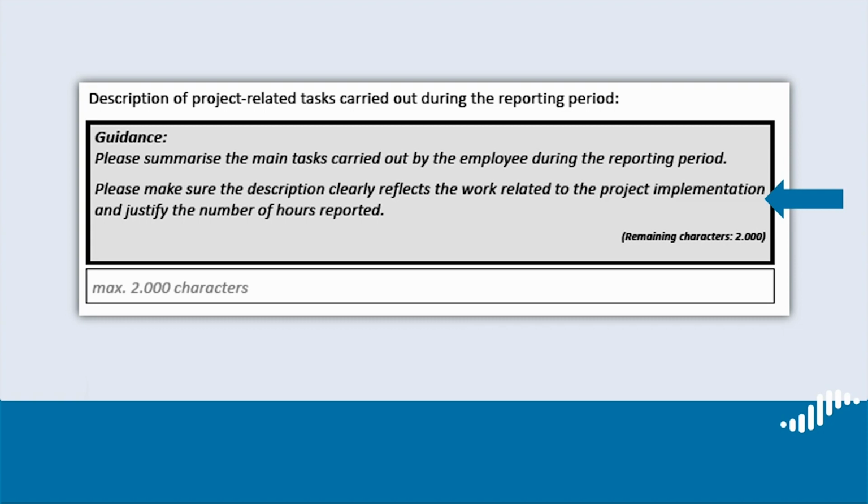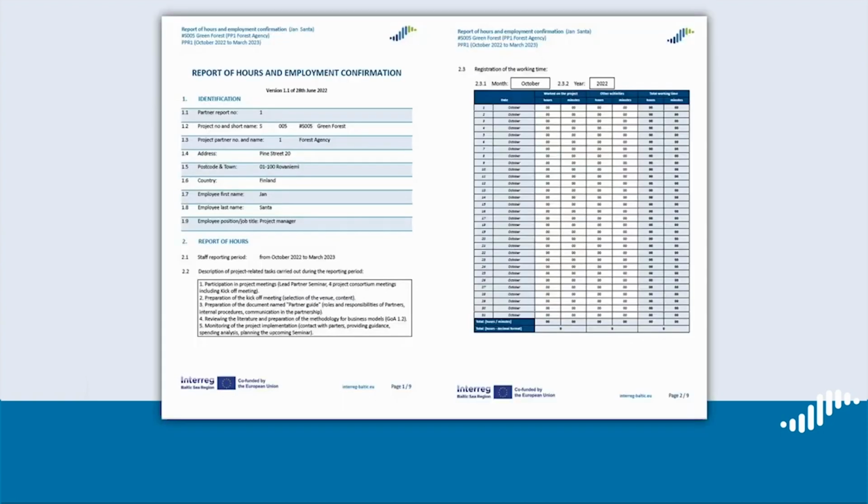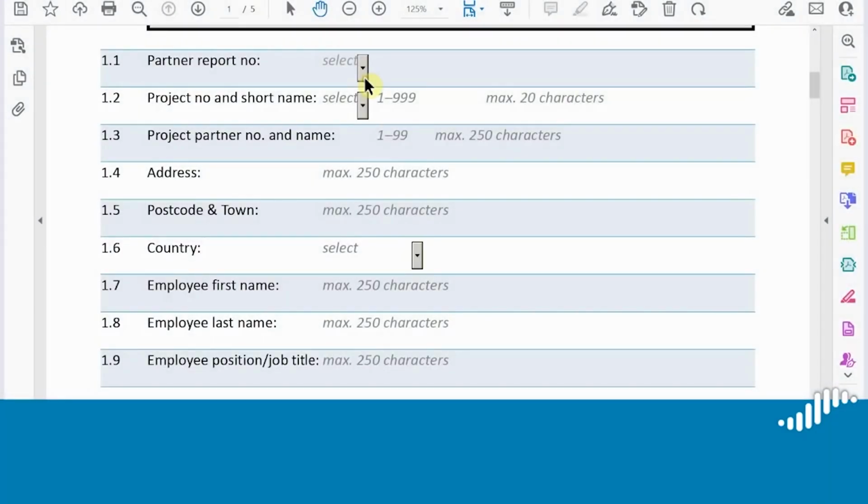And now we finally come to the most important information: how to fill in the form. The first part, called Identification, is a joint part for the Report of Hours and the Employment Confirmation.